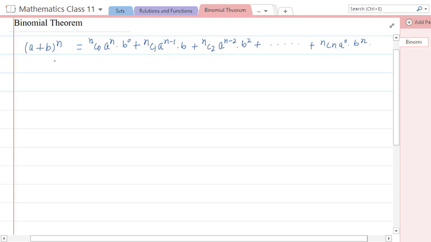So this is the expansion of the binomial theorem a plus b to the power n.